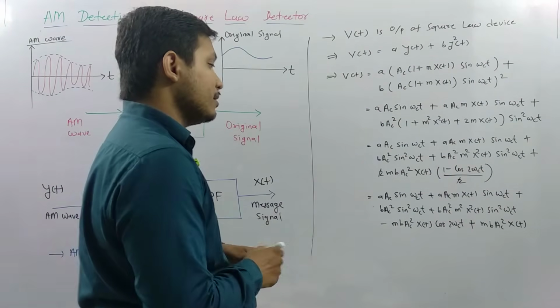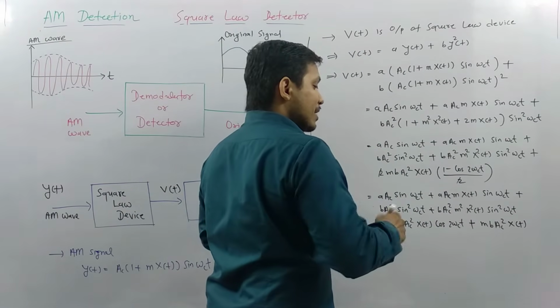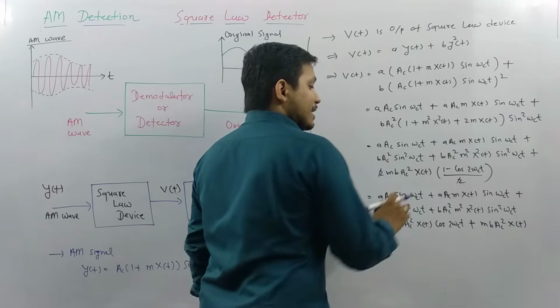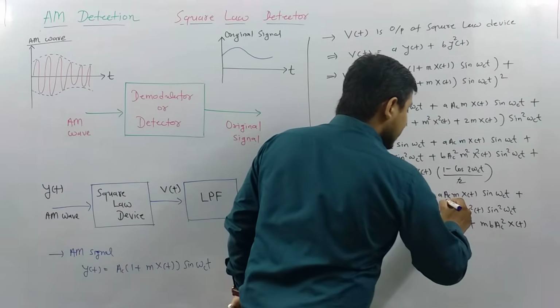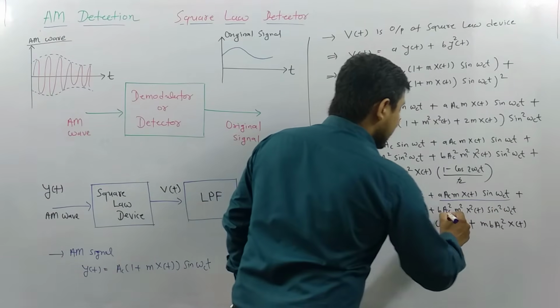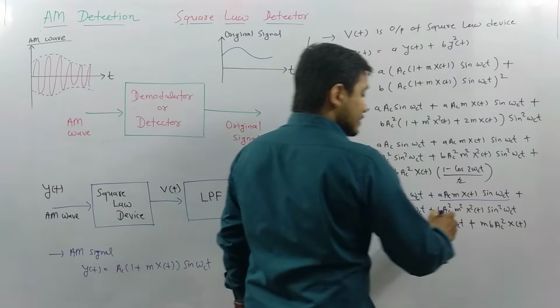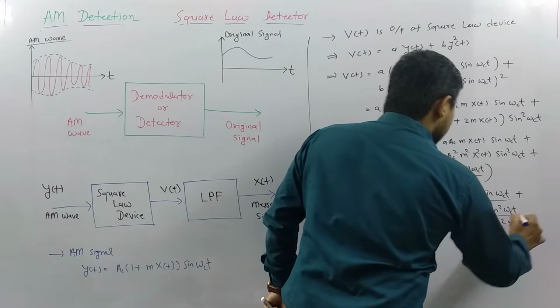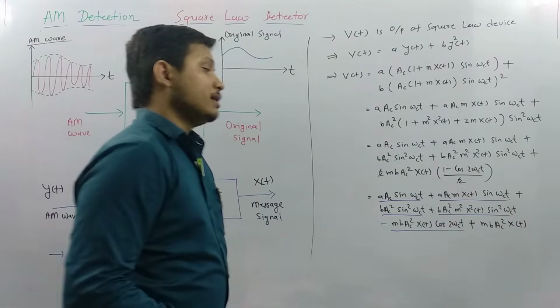Now see, if you look at this entire expression, almost every term has a carrier signal component. This term has a carrier signal component, this term has a carrier signal component, and this one as well, and there is no information in these. This term has carrier signal plus information, and this one has carrier signal plus information.